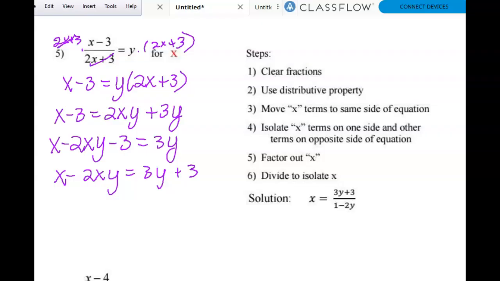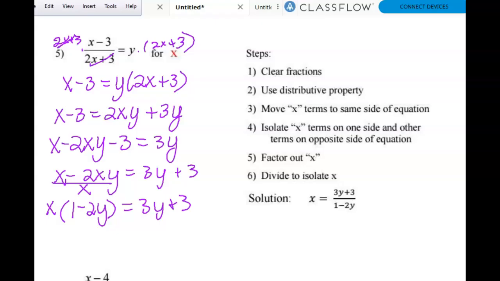Now, on this side, my friends, I want just the x, right? So if I put the x here, what do I get with the x divided by x? 1. And what do I get when I divide this by x? The x's cancel and it leaves you with. And then how do I get this x by itself? It's multiply.